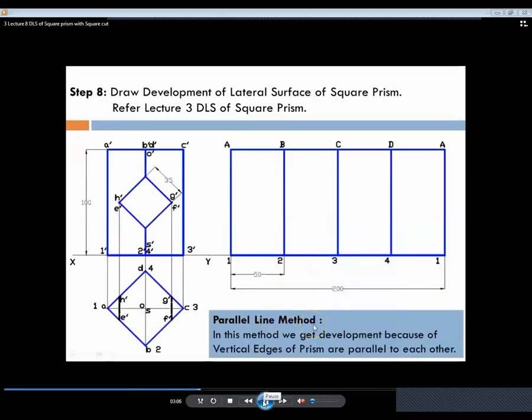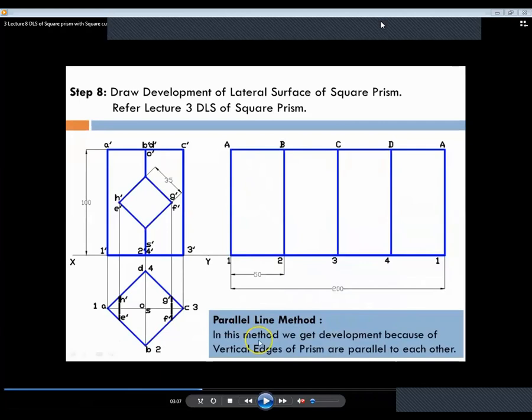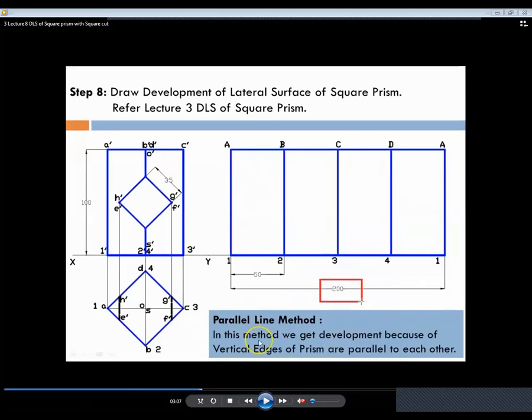Now see, in the development, we know that in top view the length of the sides of the square is 50, and if it is a square prism, then you have to draw 50 into 4, that is 200. In development you will get the total length 200 because one side is 50 and this is the square prism.